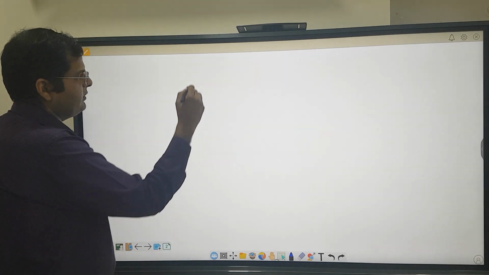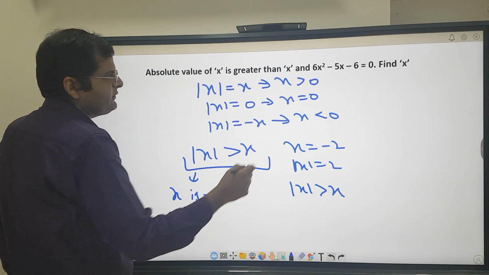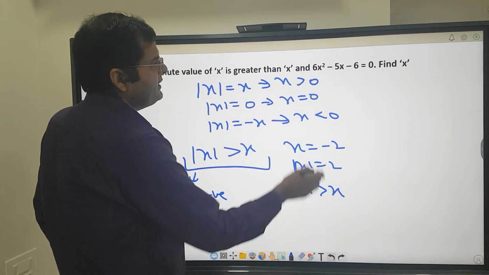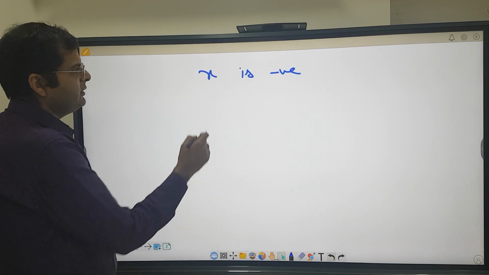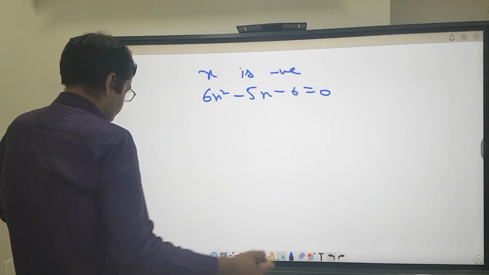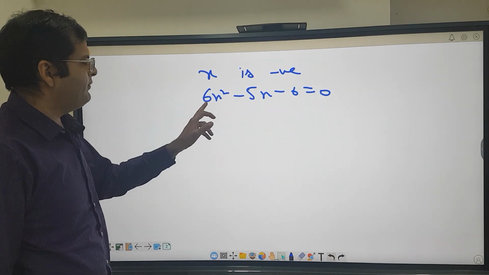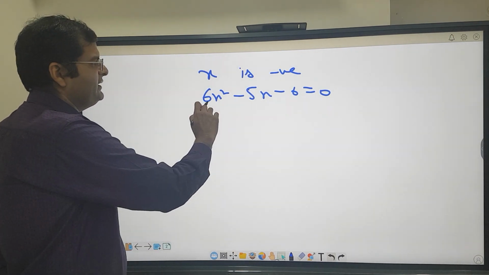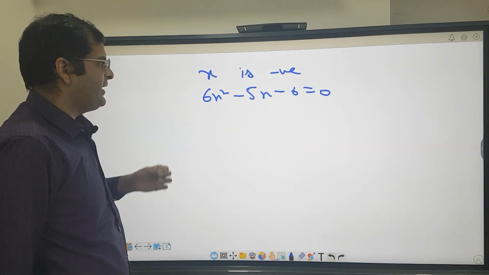So what we have figured out is that x is negative. Also x is satisfying a quadratic. The quadratic is 6x square minus 5x minus 6 is equal to 0. So I have to split the middle term in such a way that the product is minus 36 and they add up to minus 5.